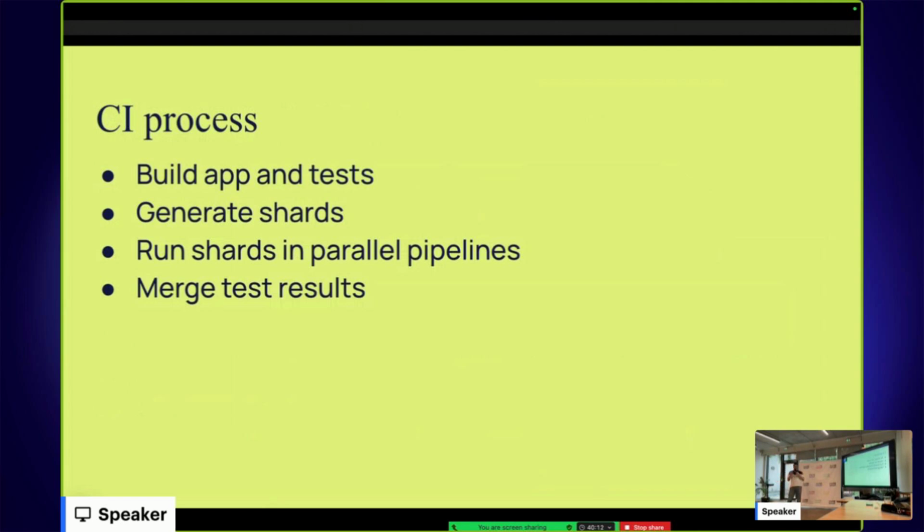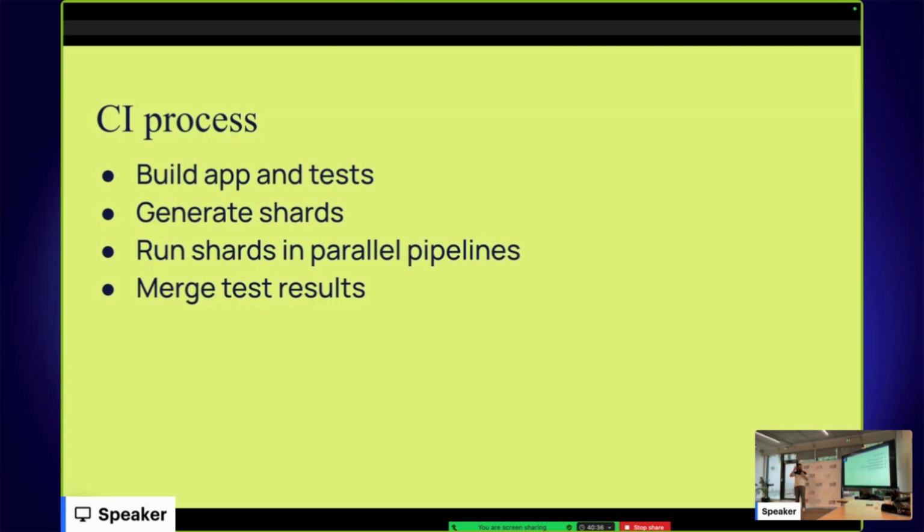So we don't go into the CI process here because depending on the provider, it can be difficult to implement and sometimes even impossible. But I have more information about it later. But basically, the process is we generate an application and the tests in one workflow pipeline.